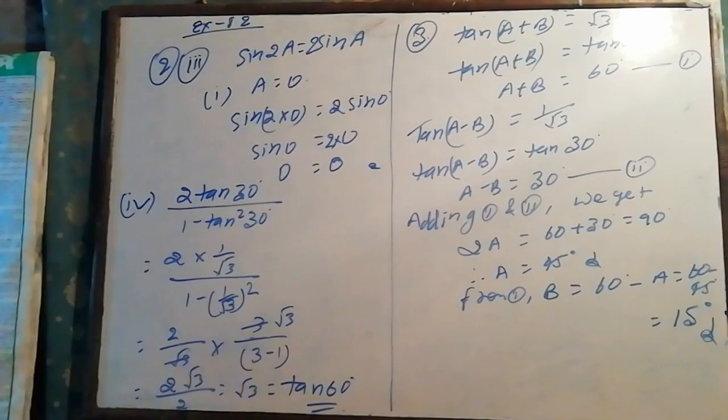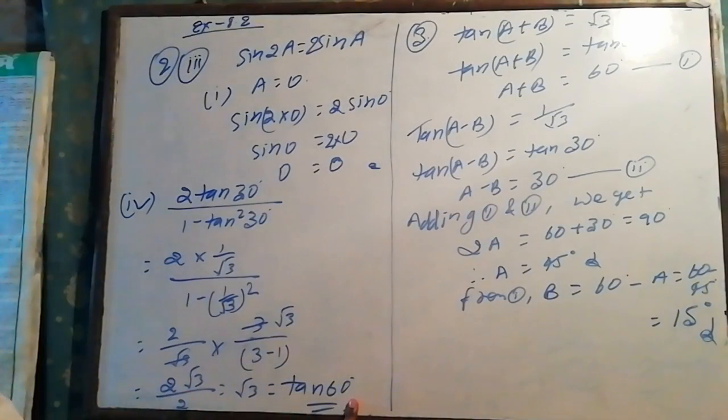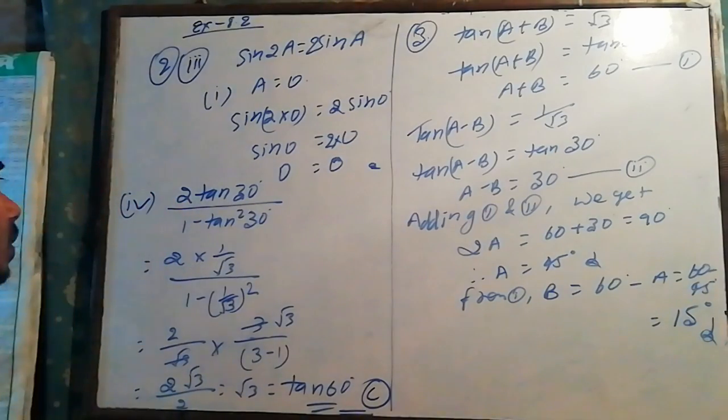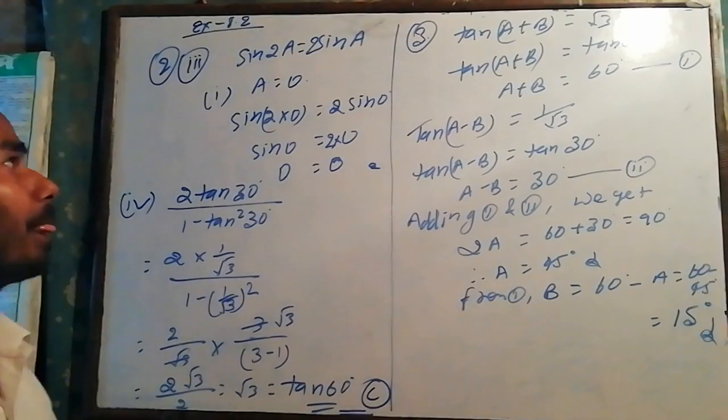The 2s cancel out, and we get root 3, which is equal to tan 60 degree. So tan 60 degree means option C is the correct answer.